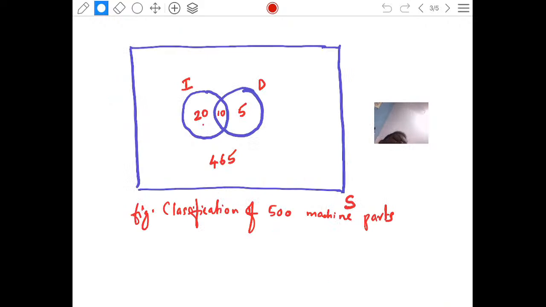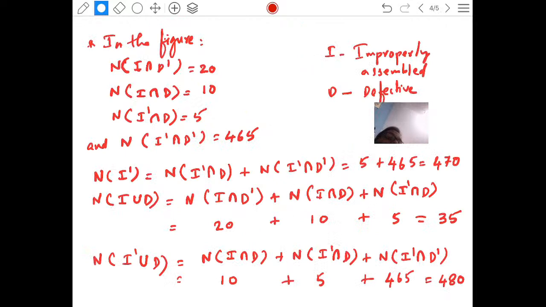Machine parts which are properly assembled means something which belongs to this 465 and the part here phi. So we may have an intersection of these two, which actually means intersection here n of I intersection D. So machine parts which are improperly assembled and defective, which is equal to 10.